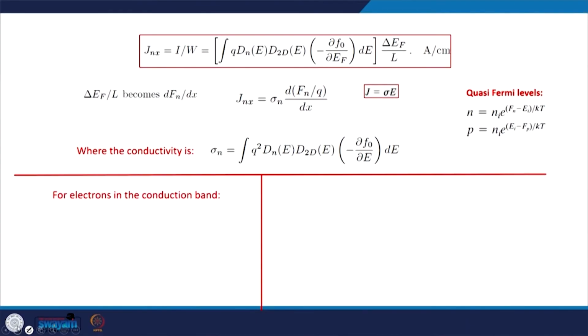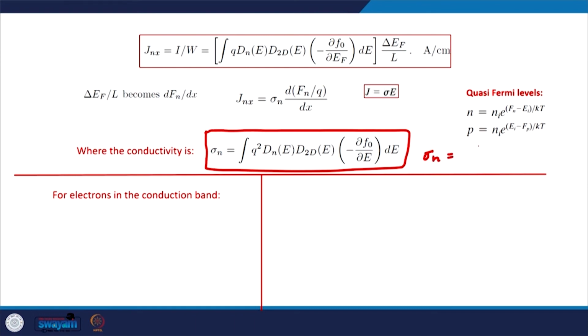Okay. So, this essentially completes the treatment, and we can say from this entire discussion that the conductivity is given by this function, and the conductivity can also be written, in a way like conductance, as the average of the conductivity function, where the average is taken over the Fermi window, and this conductivity function is q squared D_n d2 D_n.